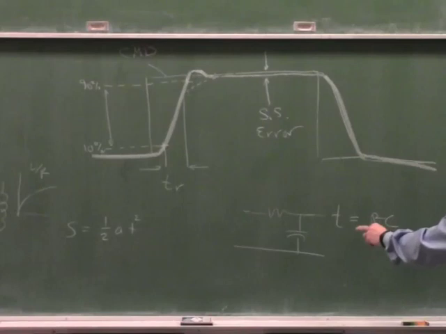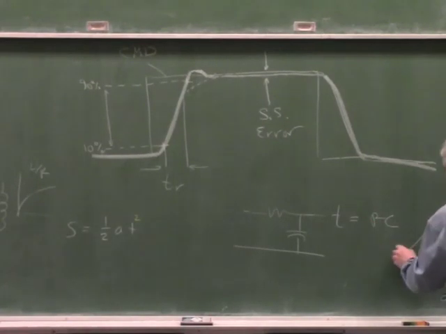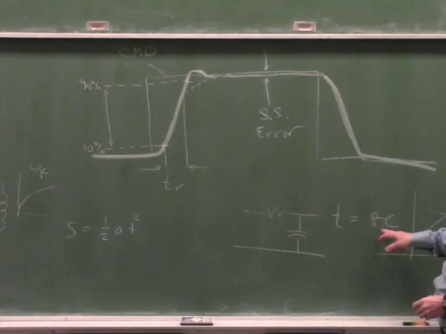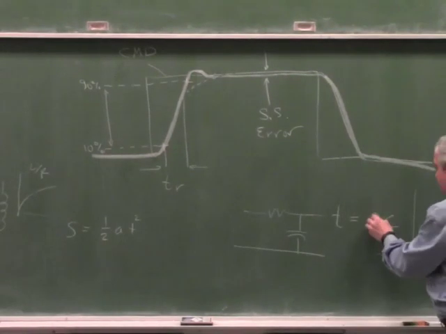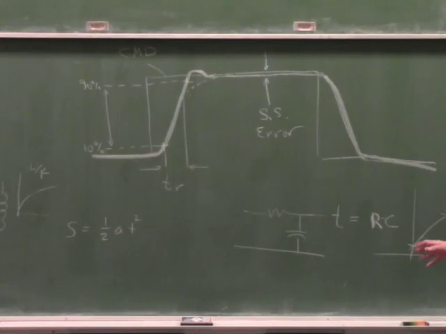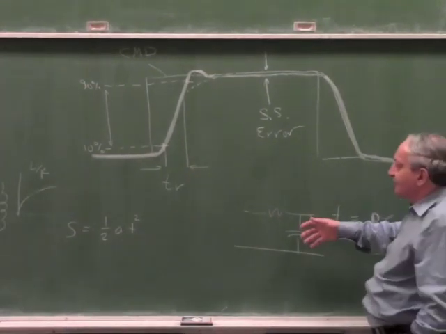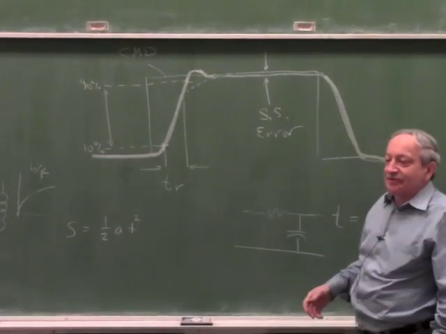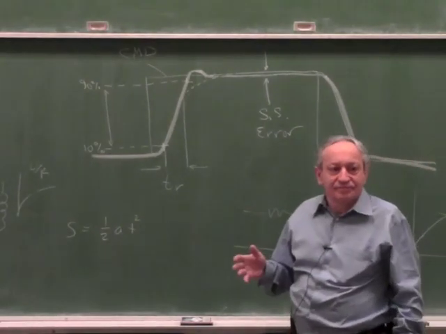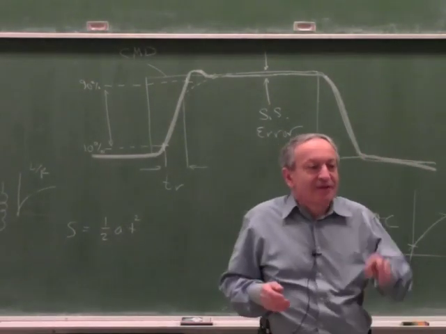Because if you draw this like this, and you measure the 10 to 90, you get a different value than RC. I think the answer should be clear just from the drawing. So why is the RC time constant different from the rise time? That measures to a different value.